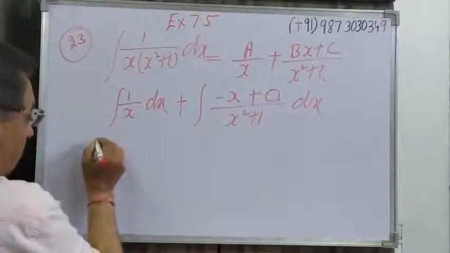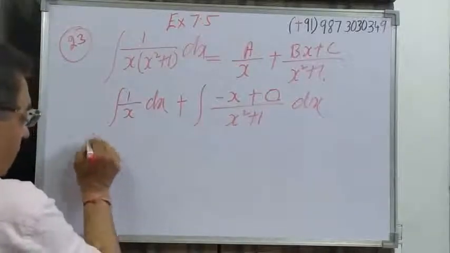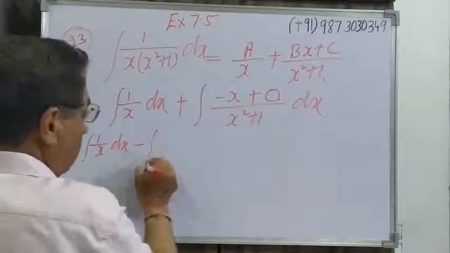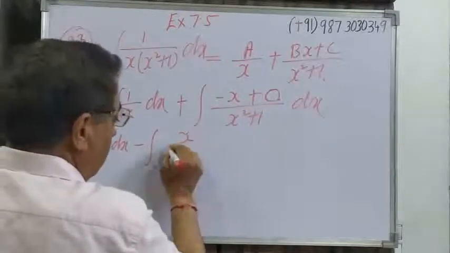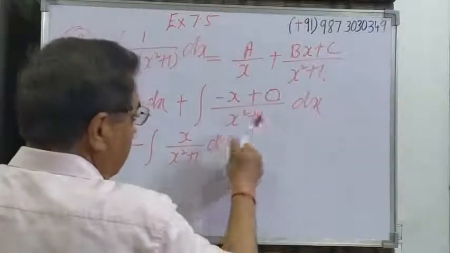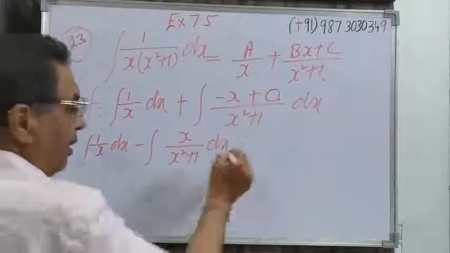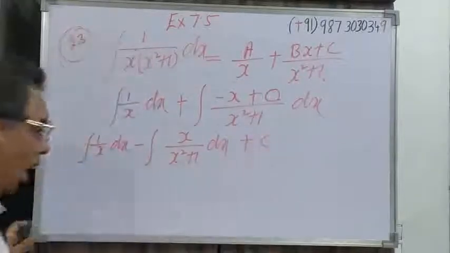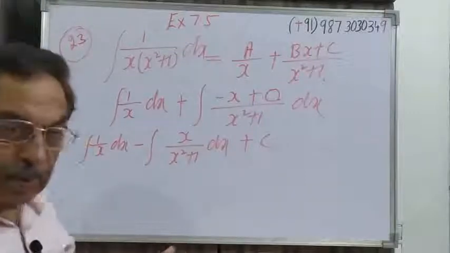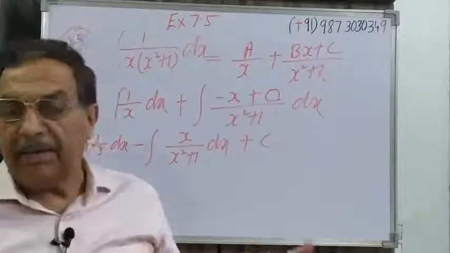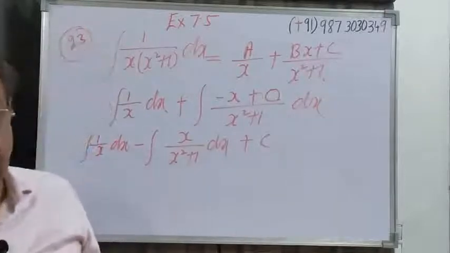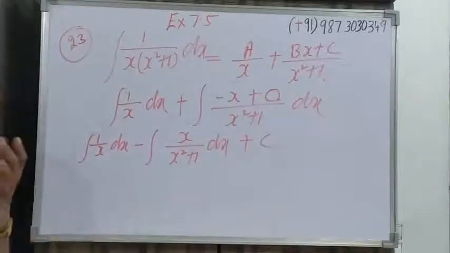Further it becomes integration of 1 by x dx, minus comes up here, x upon x square plus 1 dx, 0 upon, plus c. Now integration of 1 by x is log x, because since 11th we know the derivative of log x is 1 by x, or the integration of 1 by x is equal to log x, the antiderivative.